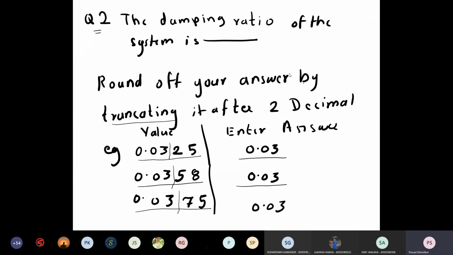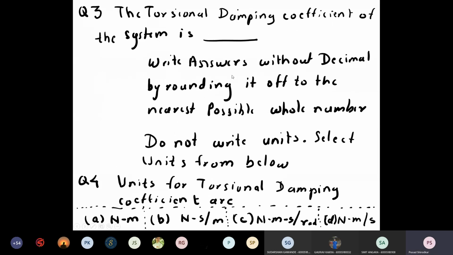Okay, after you are done calculating the damping ratio, just enter the value in the blank space and keep it, and submit it at the end of the lecture. Next, also calculate the torsional damping coefficient of the system. Again, while writing this value, write your answers without decimals by rounding it off to the nearest whole number.